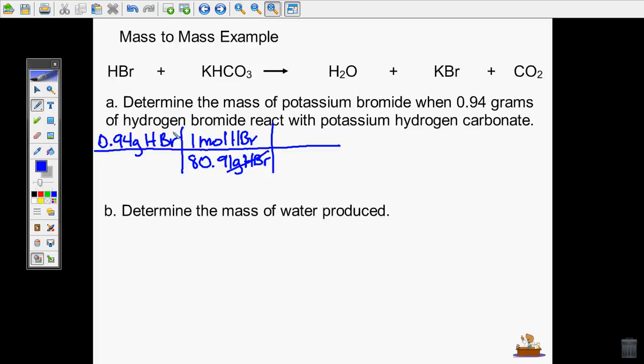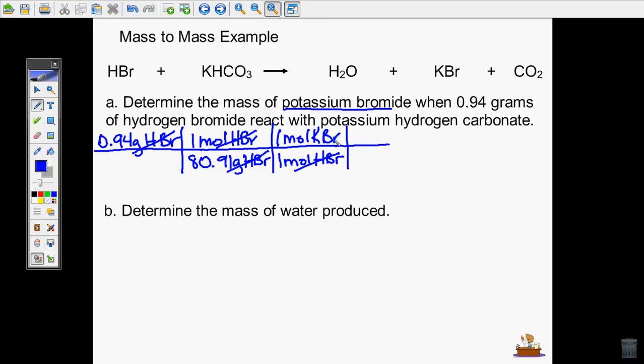So my grams of hydrogen bromide cancel. I want moles. Well, I want to determine the mass of potassium bromide. Okay, so I know for every 1 mole of HBr, from my balanced equation, I have 1 mole of KBr. So moles of HBr cancel out.